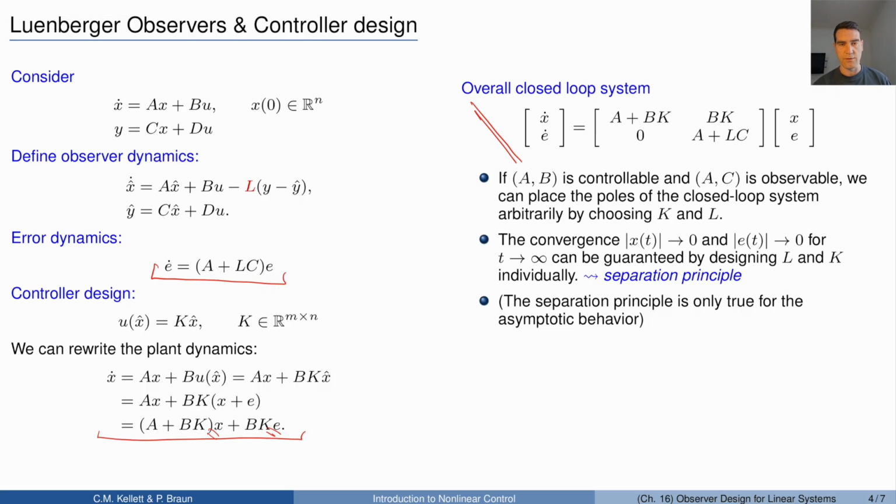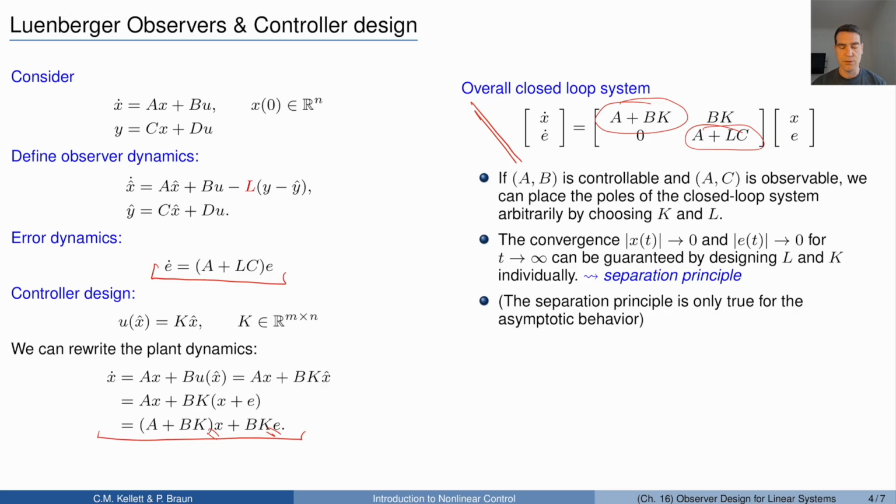Now, instead of a system of dimension n, we have a system of dimension 2 times n, where we can analyze the closed loop properties and convergence properties. And we see that asymptotic stability of the origin of this system depends on the eigenvalues of this block matrix and the eigenvalues of this block matrix here.